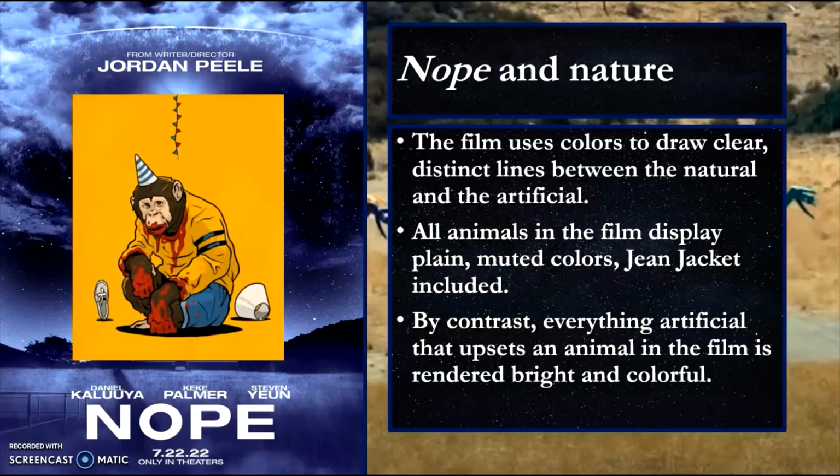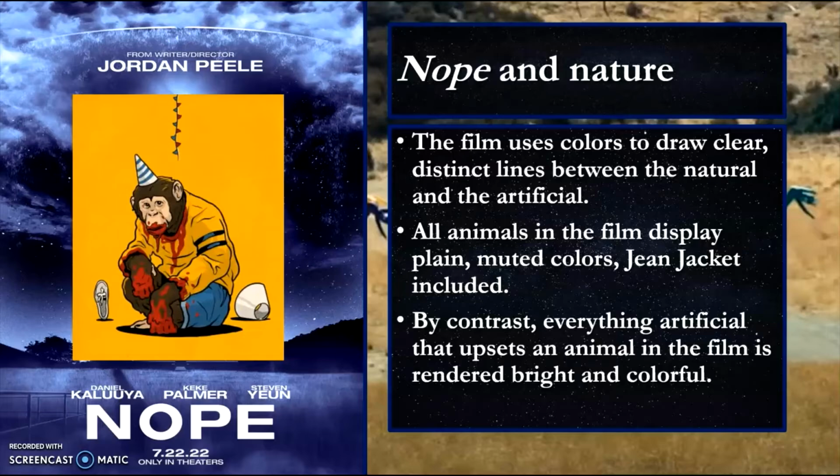So anything that is artificial in the film is colorful, whereas all the animals are not colorful at all. All of the animals have plain muted colors. Like the horses, all of their hair is black, gray, white, brown. Of course, Gordy's fur is brown. Jean Jacket's skin is gray.